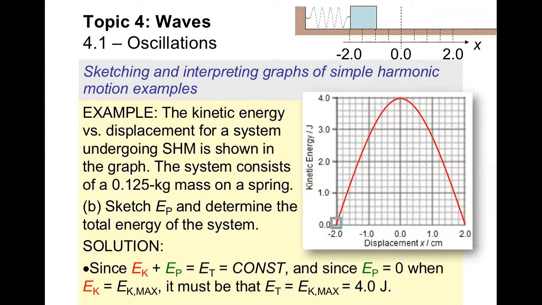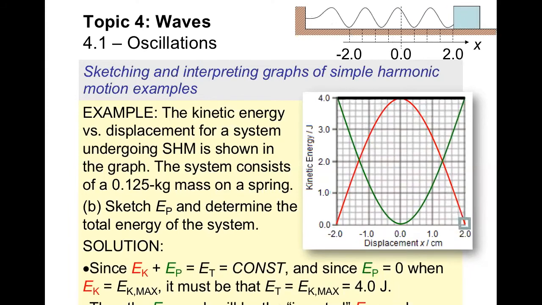So the solution here is, since 4 joules is the kinetic energy here, then 4 joules is also the potential energy at the maximum positions of the amplitude. So the potential energy will be an inverted graph of the kinetic energy, which is given like this.